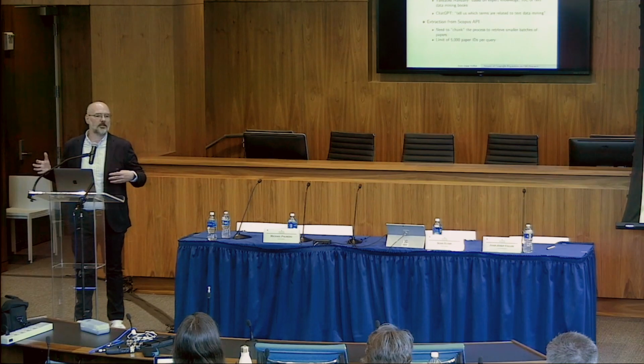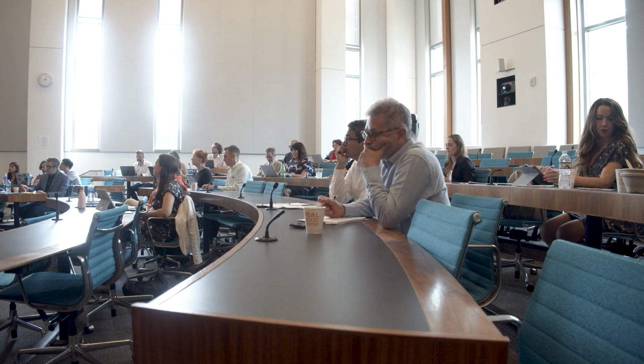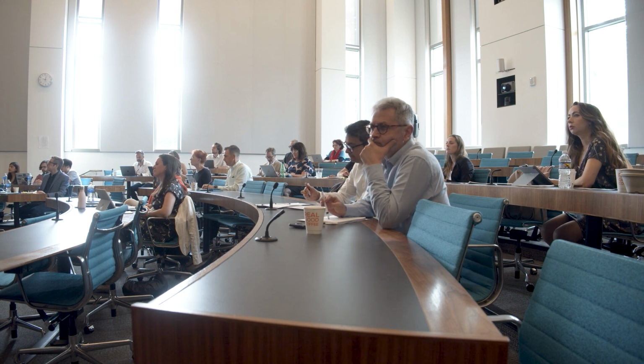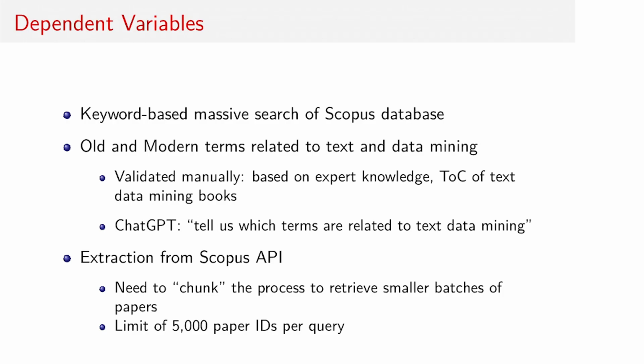The main dependent variable is how much science has been produced for each country each year in terms of data mining or text and data mining research. In order to get this data, we carried out a massive search from the Scopus dataset through the API of Scopus, trying to overcome some of the limitations that Scopus puts on this kind of endeavor.